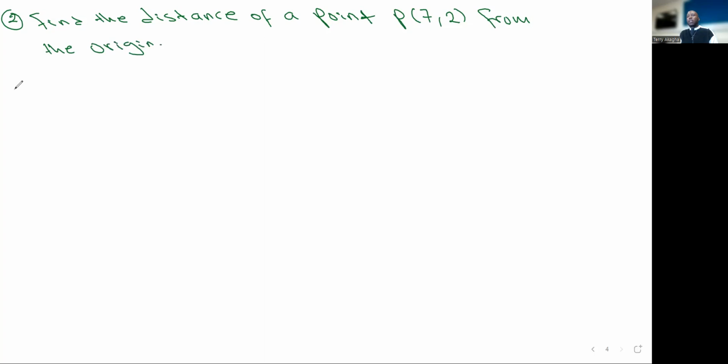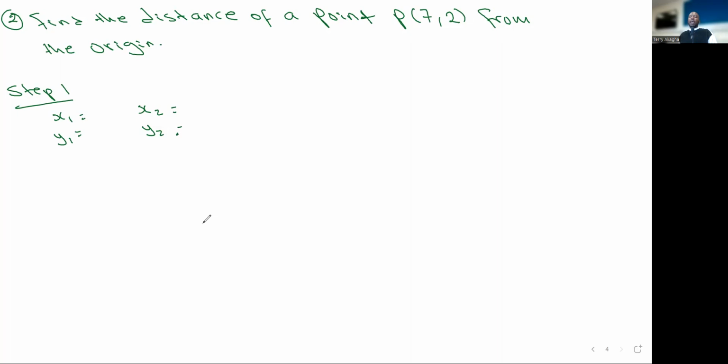Now, step 1, what do we do? Step 1, we said we need to identify which is the x1, y1, and we also need to find the x2, y2. Okay, good. Now, this question is a little bit tricky, but you can also solve it.